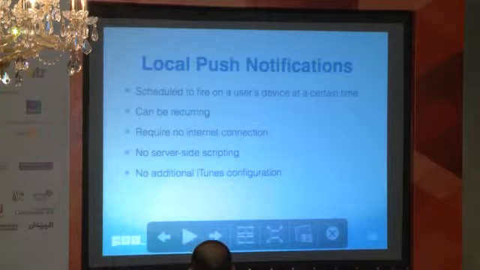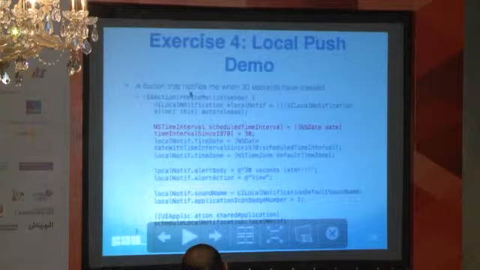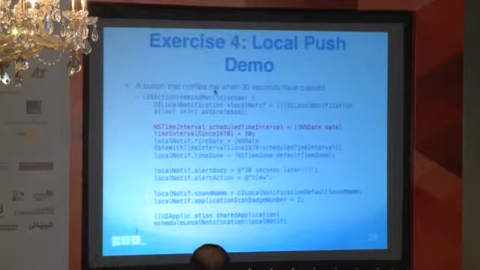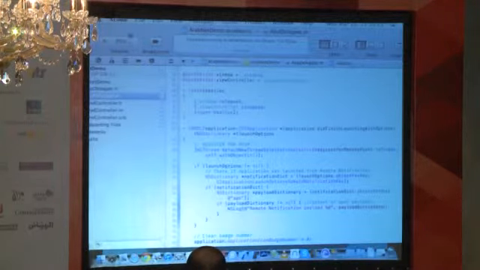No need for a server here, and no configuration on iTunes. It's really local. For example, you can enable a button that notifies the user when 30 seconds have passed. And we're going to test this.